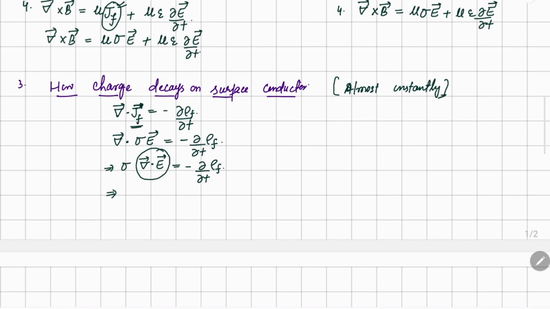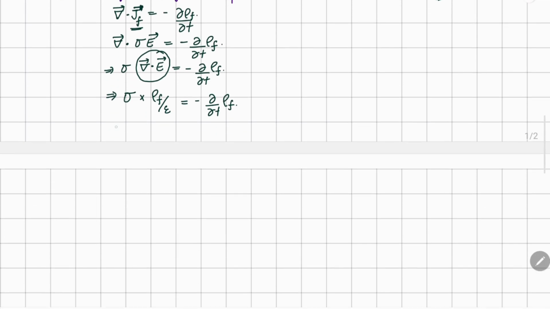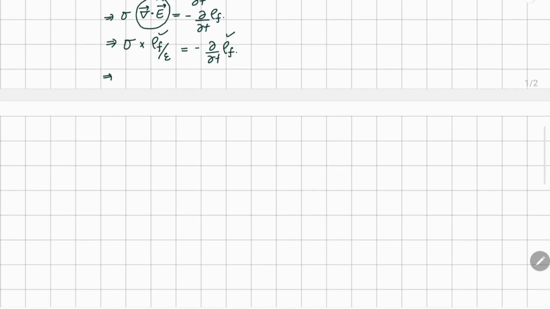So sigma into rho_f by epsilon equals minus dou by dou t of rho_f. Now we have rho_f on both sides, so I'll try to separate the variables.